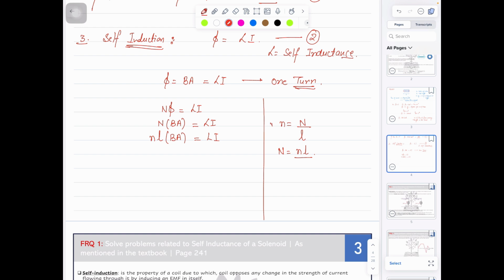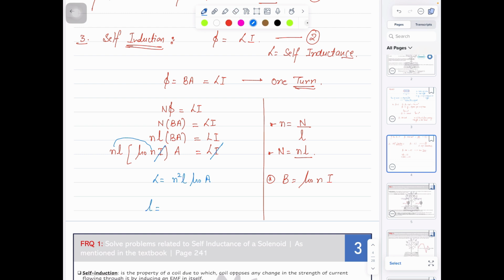We know for a solenoid, B is equal to mu naught n times I. Placing the value, n L times mu naught n I multiplied by area is equal to L I. I and I cancel. So what is the value of L? L is equal to mu naught n squared A L. So how do we write this? L is equal to, I'll make it much better.